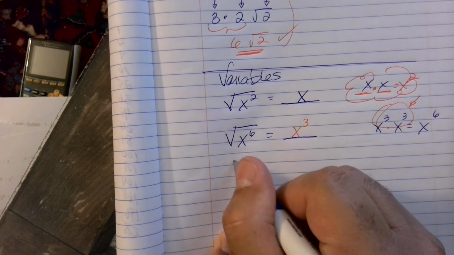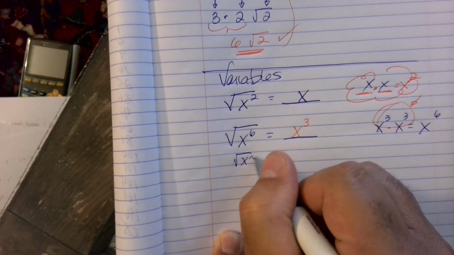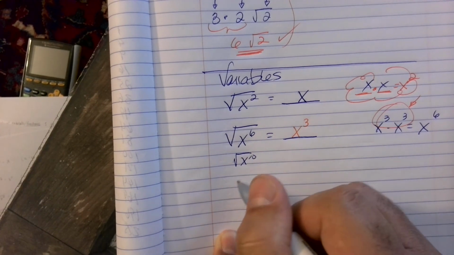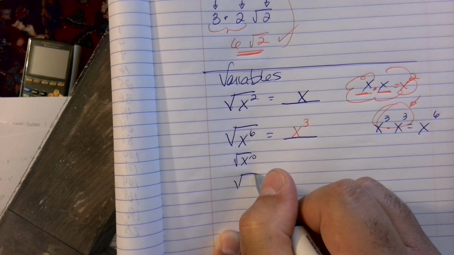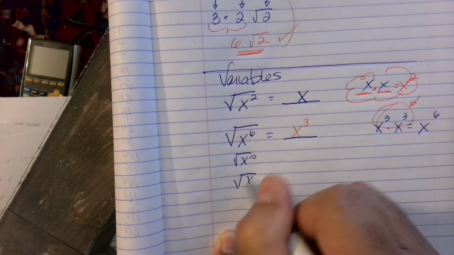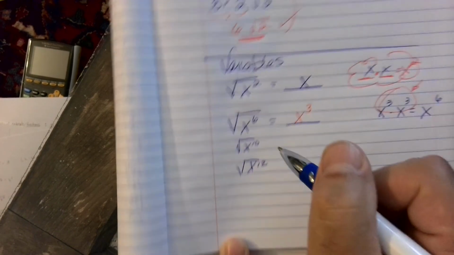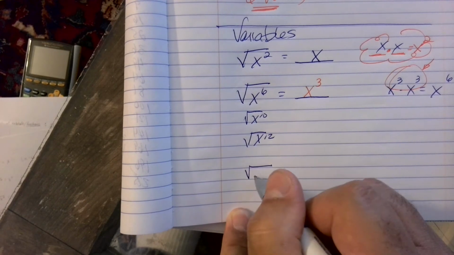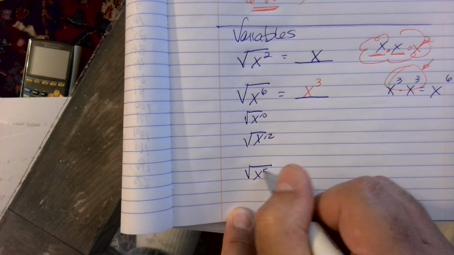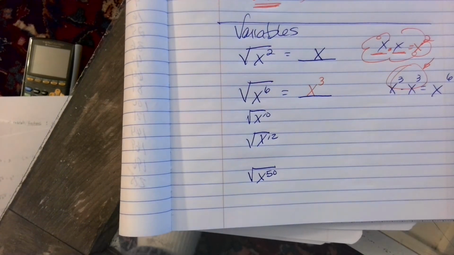Well, what about the square root of x to the 10th? Or x to the 12th? Or x to the 50th? Well, the same thing for all of these, right?